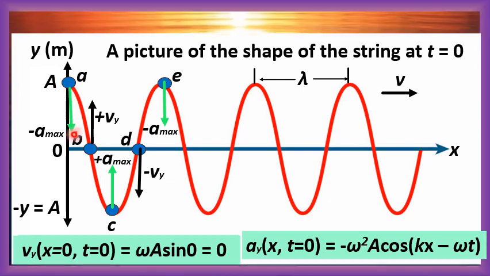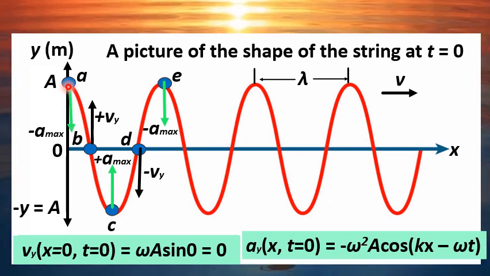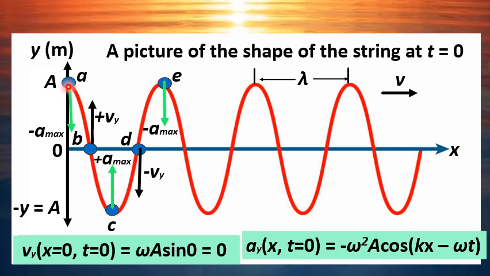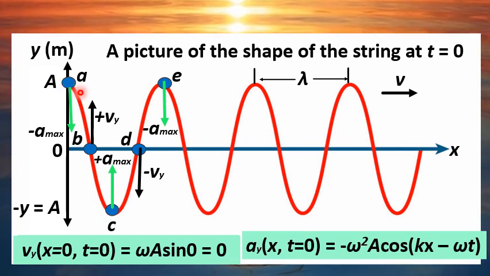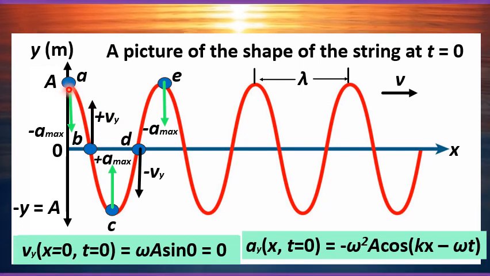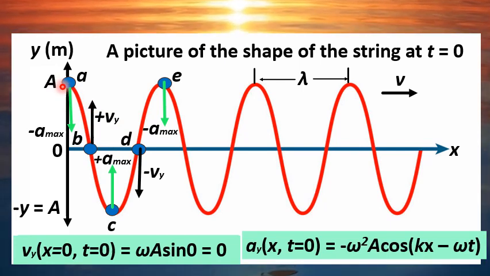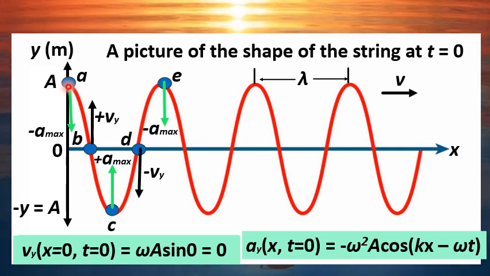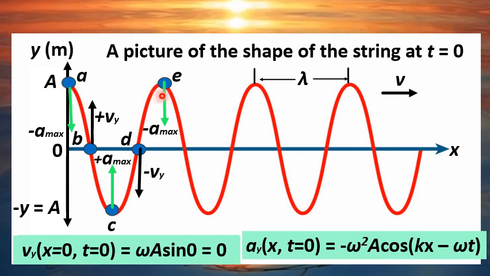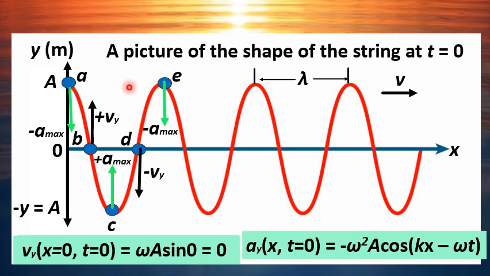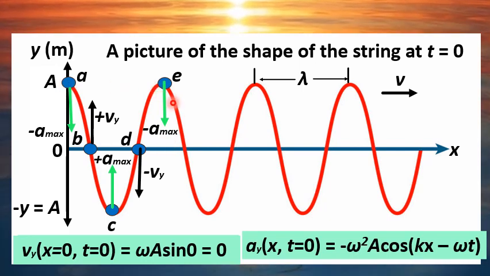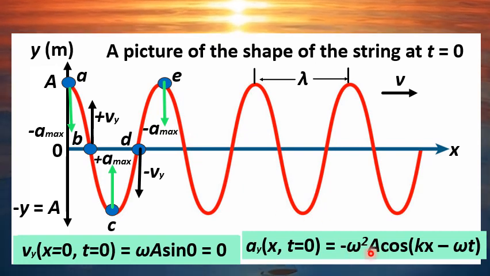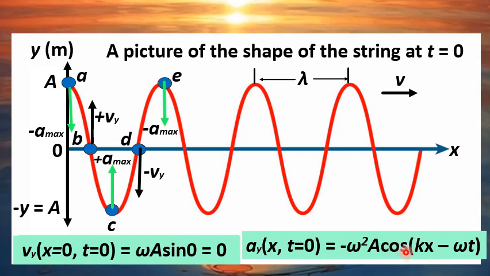The acceleration is always in the opposite direction as the displacement or the amplitude. So since the displacement of particle A and particle E are both positive, their instantaneous acceleration must be negative. And using this formula, we can verify if that is true.